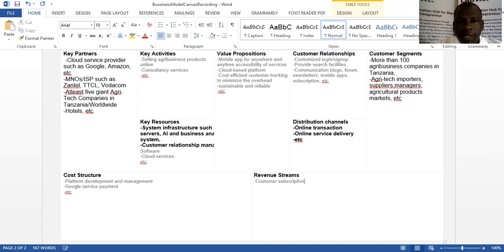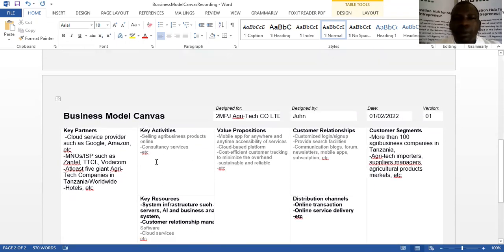But also payment of advertisement, because for advertisements, people will need to pay. So we could say through advertisement fee, etc., and many others as they could.